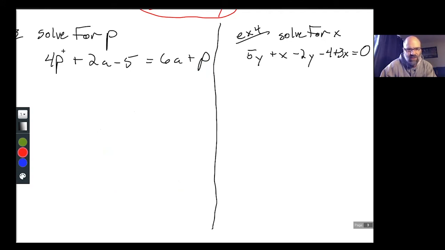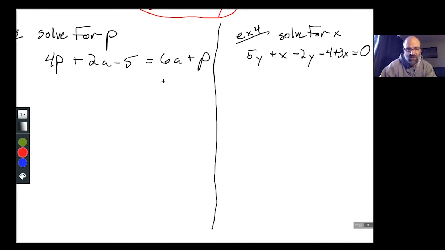We don't have like terms. We have a 4p. There's no other p variables. We have a 2a and we have a constant. There's no other a's on the left side and there's no other constants. There are some a's and p's on the other side, but remember, step 1 is just cleaning up each side separately first. So there's no like terms on the same side. So we're going to skip step 1 again.